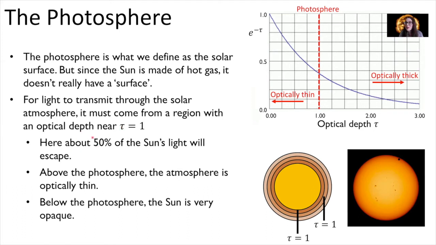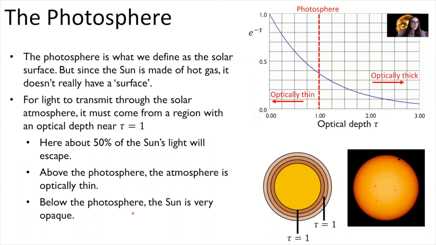At the optical depth where tau is equal to 1, this is the place where about 50% of the sun's light will escape. Above the photosphere, the atmosphere of the sun is optically thin. That means that most of that light is going to be able to escape very easily. But below the photosphere, the sun is what we call optically opaque.